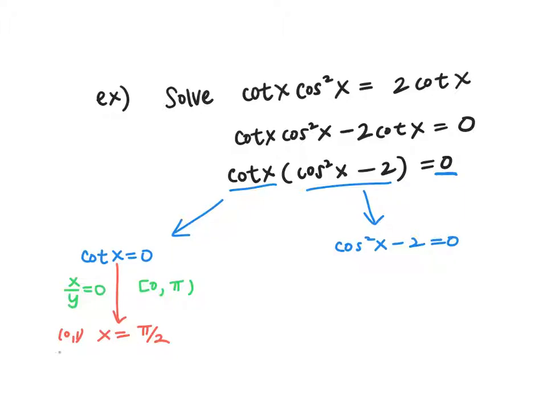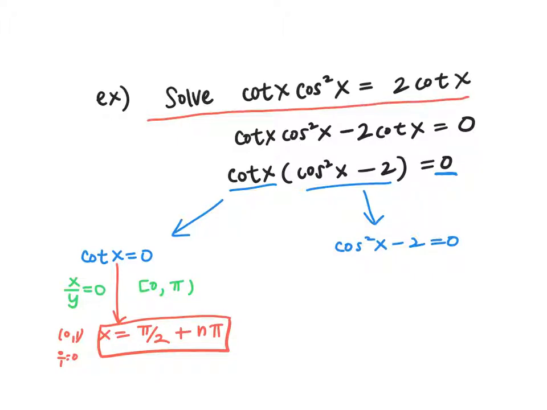So 0 over 1 gives you 0, while at the angle 0 you would get undefined. So it happens at pi over 2, but I'm going to put plus n pi since we're solving for all possible solutions. They didn't say to solve within specific intervals, so you have to solve for all the possible solutions. Because it's cotangent, I've added the n pi.